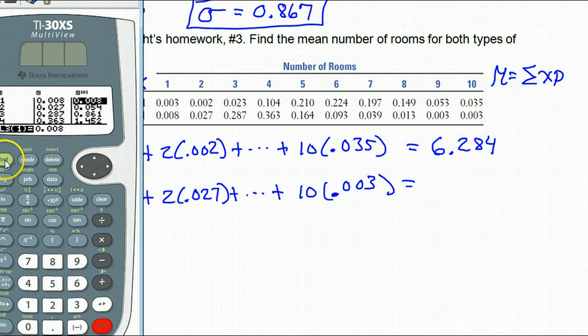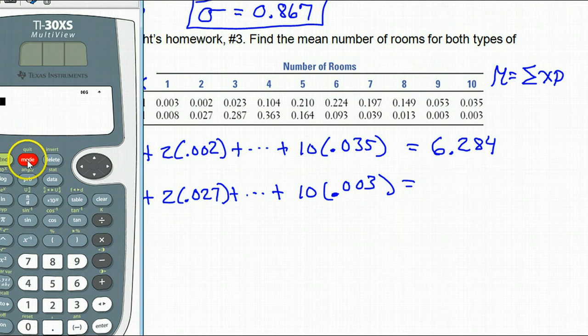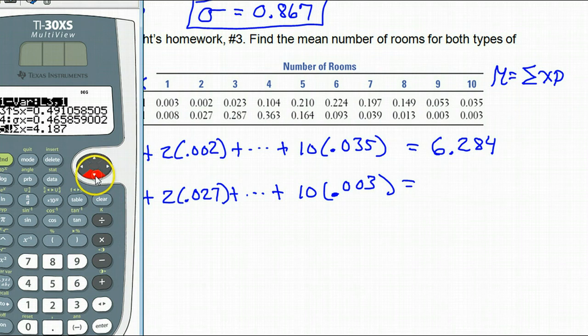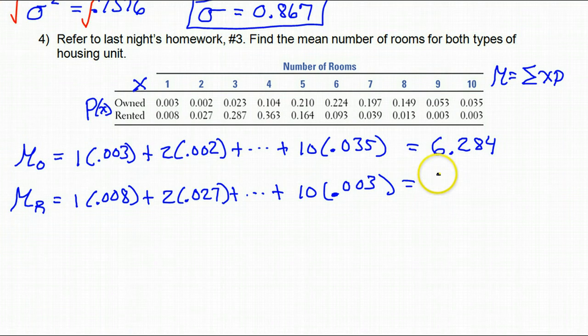So first I will quit out of this, and I will do second data, one variable statistics, make sure we're doing list 3. Scroll down to item 5, because that's the sum. So 4.187. And that is the mean for the rented units.